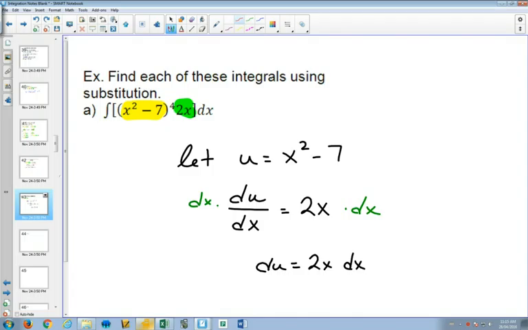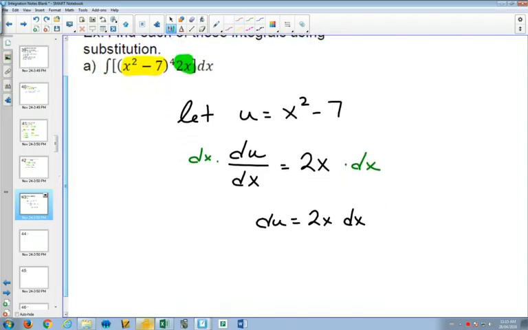Now I'm going to go back to my original function and rewrite it. Instead of writing x squared minus 7, I'm going to write u. So here I would have u to the power 4, and instead of writing 2x dx, I can now write du instead.